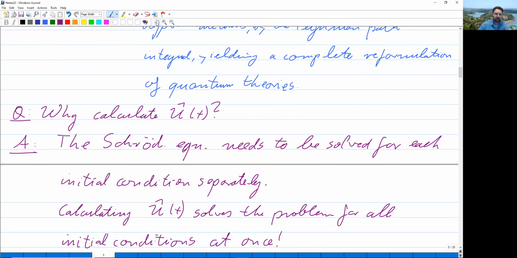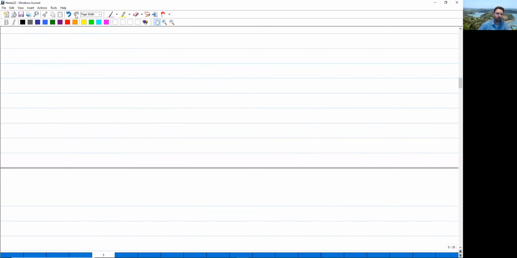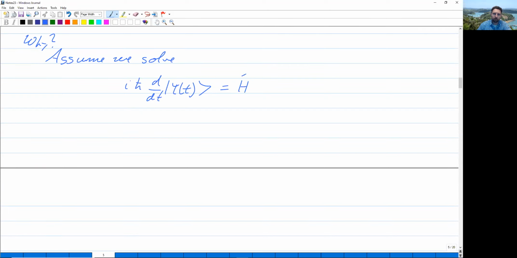How do we see this? Well, let's have a look. Assume we solve the Schrodinger equation, i h bar d by dt psi of t equal to H Schrodinger of t, psi of t.